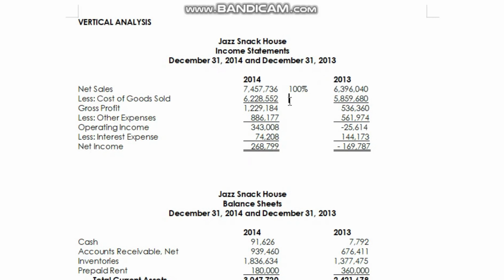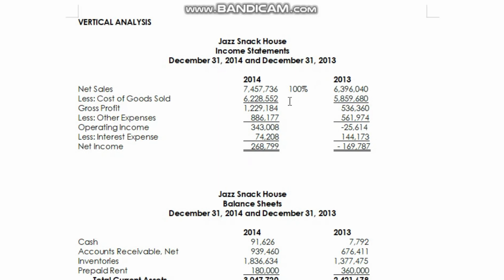So for the cost of goods sold, in your calculator, you have 6,228,552 divided by 7,457,736, and that will give you actually 0.8351.